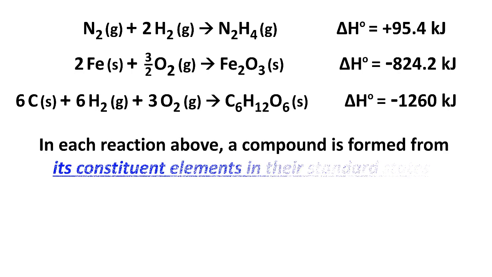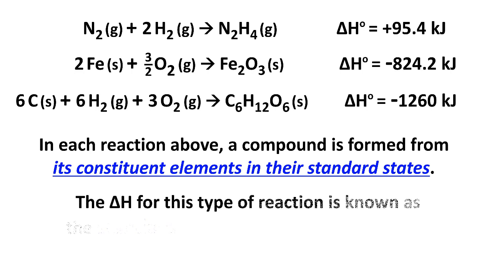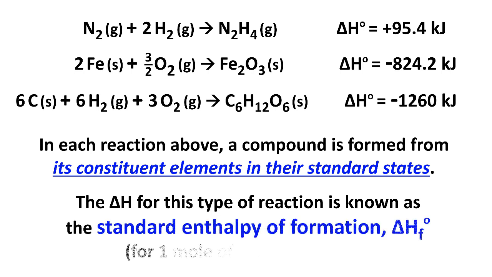So in each reaction above, we have 1 mole of the compound being formed from its constituent elements in their standard states. Now, this type of reaction is very useful to us, and the delta H for this type of reaction is what is known as a standard enthalpy of formation, symbolized by delta H sub f, where delta H is enthalpy change, so it's the enthalpy change for this reaction.